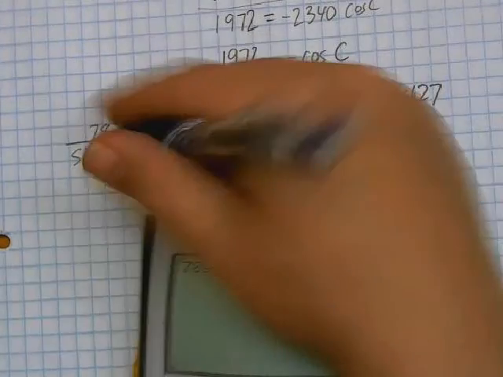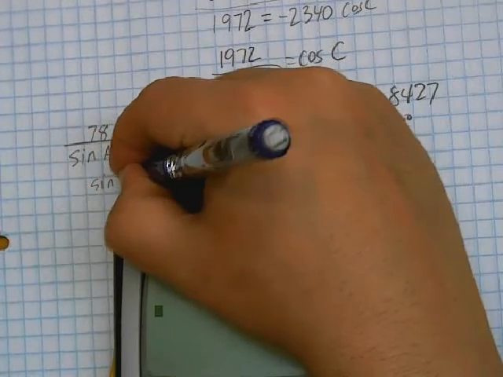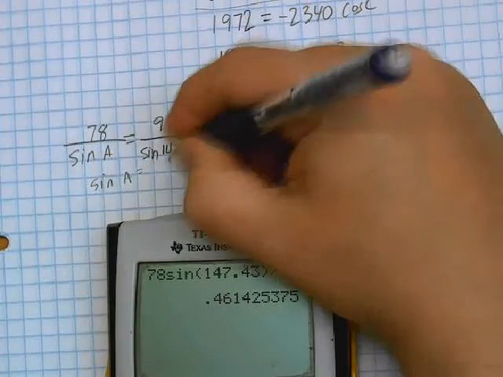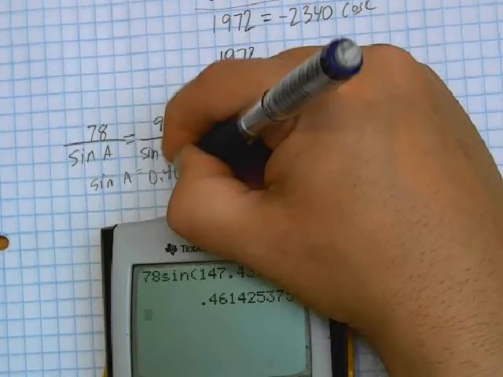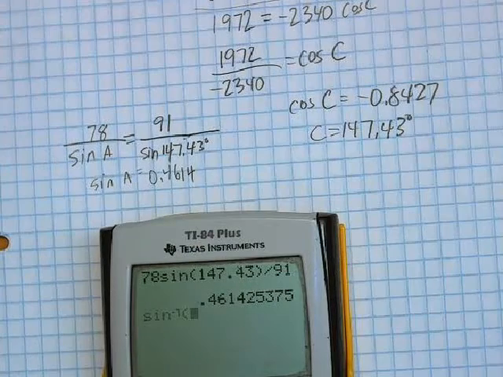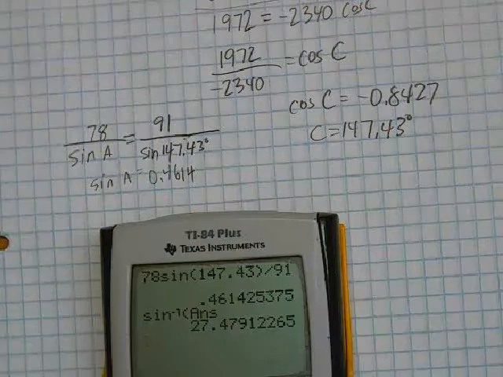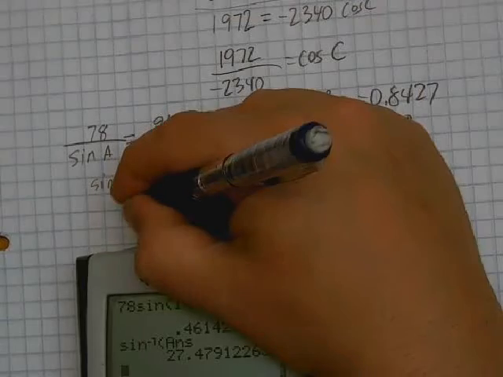Okay, so that's the sine of A. And arc sine gives us the angle.